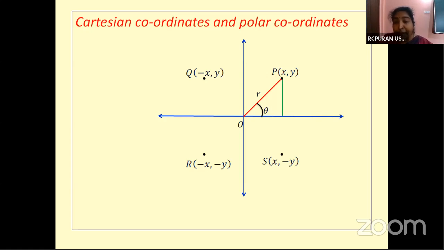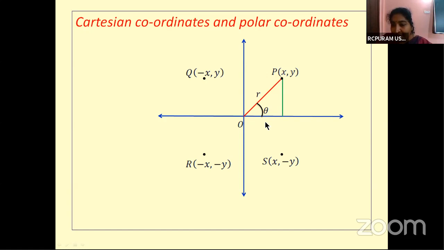Now, if I drop a perpendicular from point P to the real axis, it forms a right angle triangle. Just observe this. Tan theta is opposite by adjacent. The opposite side gives the value Y, because the point is X comma Y, and this is the distance we are taking on the imaginary axis.